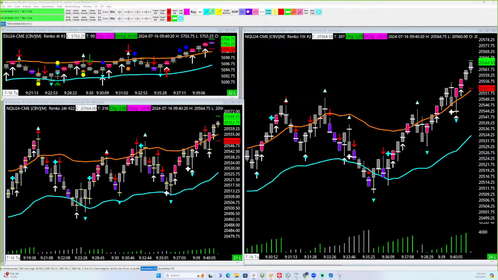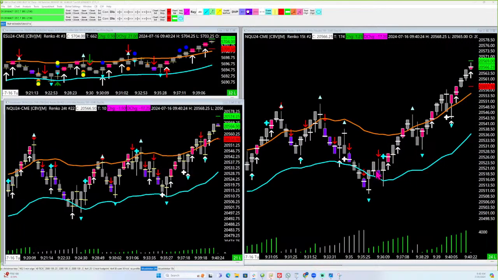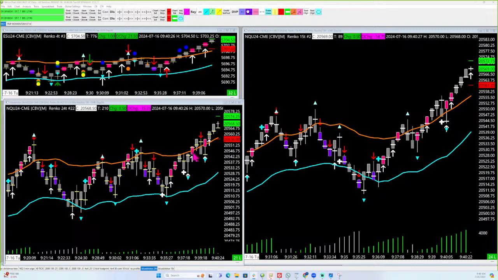Supernova. I missed the long. Son of a gun. I missed the plus sign down that got stuffed for the long to the breakout to the upside. That's alright.